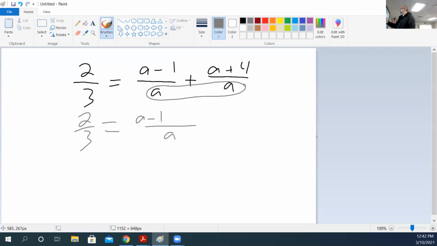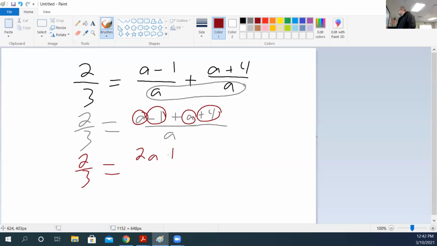It's going to be a minus 1 plus a plus 4. So let's combine all that up top: 2/3 equals a plus a, so that's 2a, then minus 1 plus 4 is plus 3, over a.